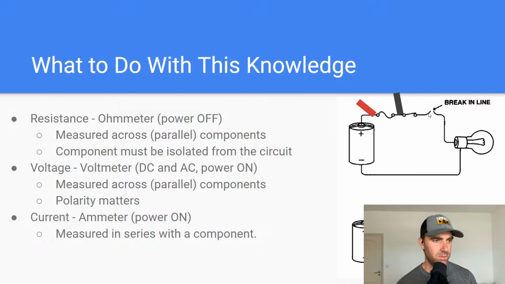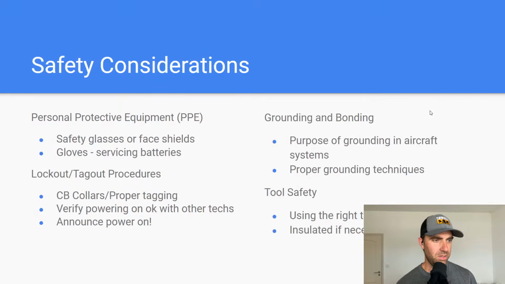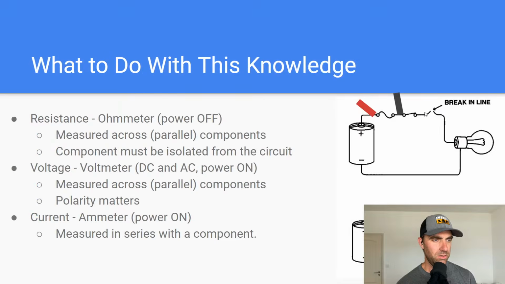To measure the current of the system, you would put your red lead on one end, probably with an alligator clip just so it stays hooked on, and then the black lead on the other end, and that completes the circuit. Your multimeter is going to register the amount of current in the system at that point.